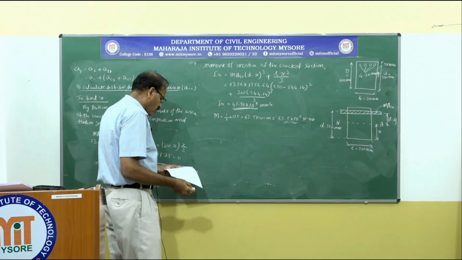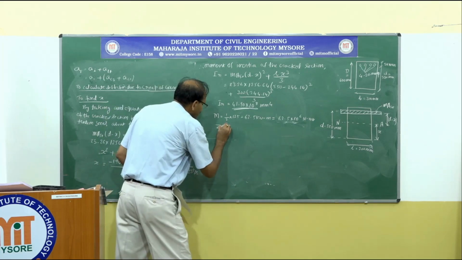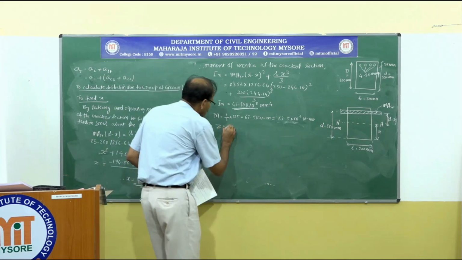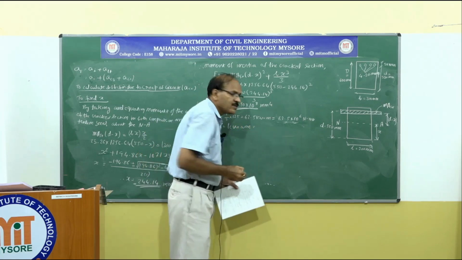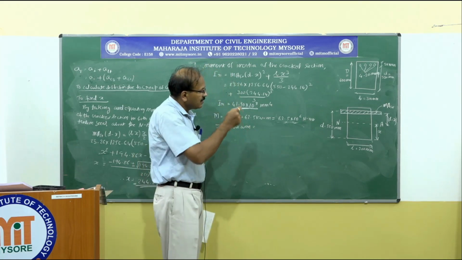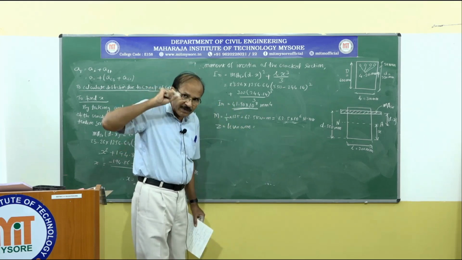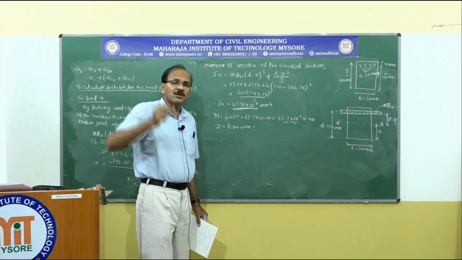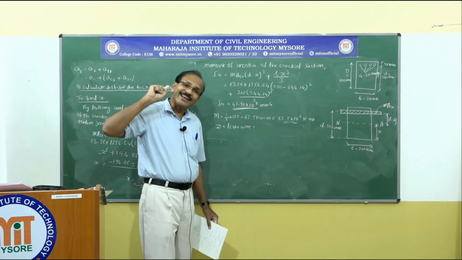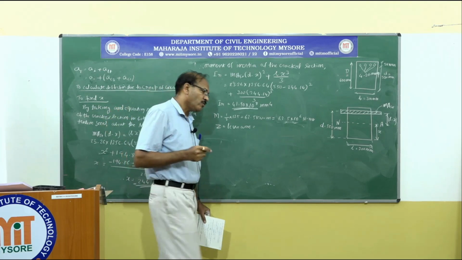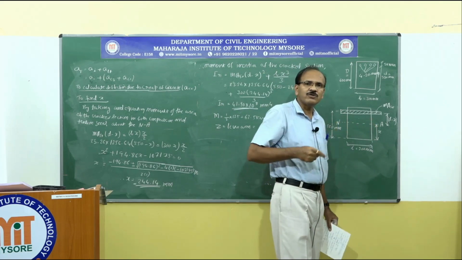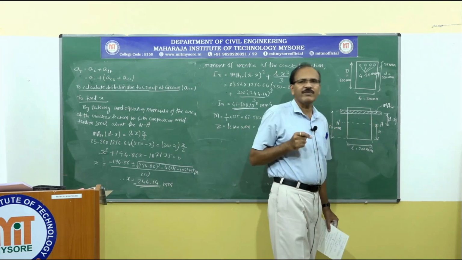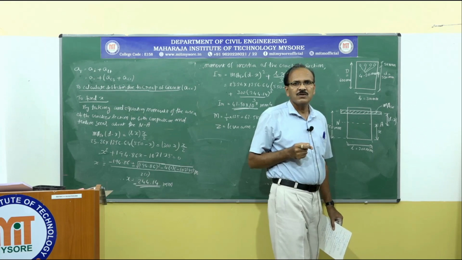Then what is z? z is the lever arm. Lever arm is the distance between the center of gravity of the compression force to the center of gravity of the tensile force. So what is that value? Because in case of elastic design, we are going to assume the triangular variation of the stress.